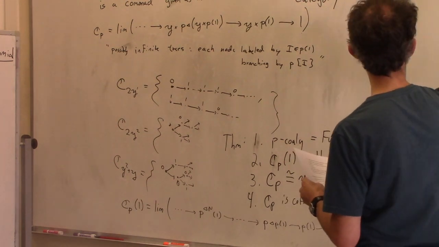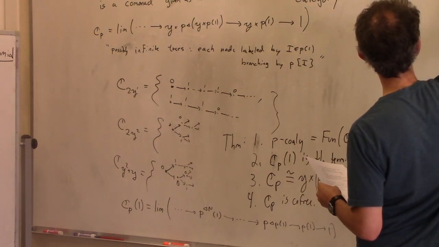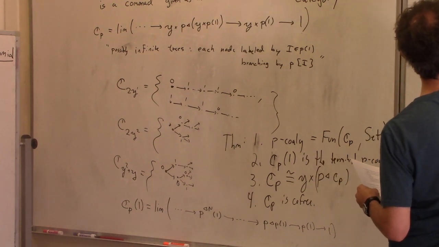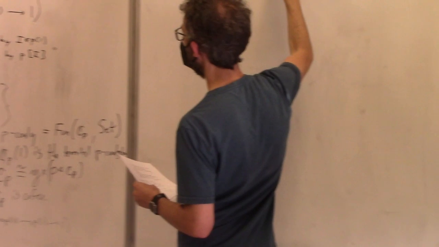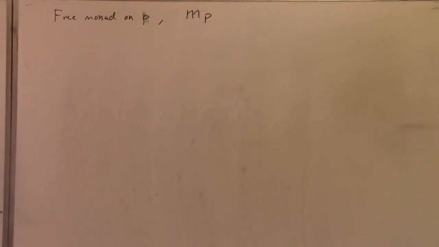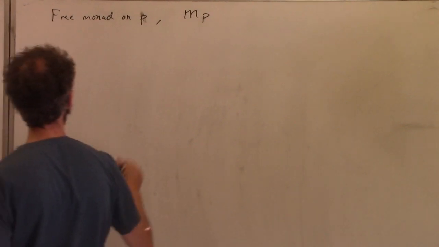Okay, so then there's also the free monad on P, and I'm going to write that as M_P.